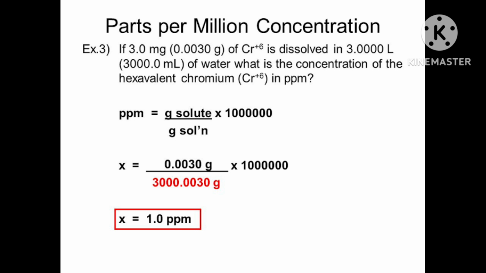Benzene is C6H6, 12 into 6 is 72 plus 6, 78.